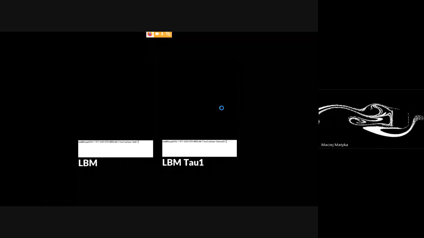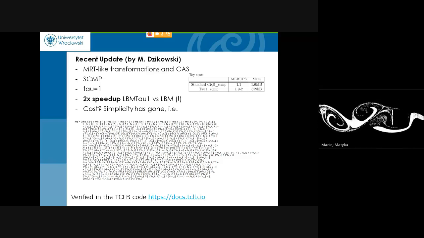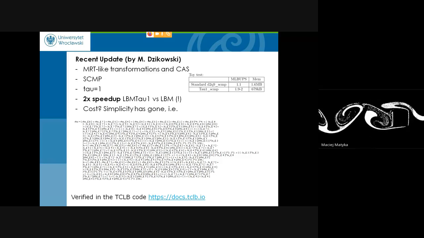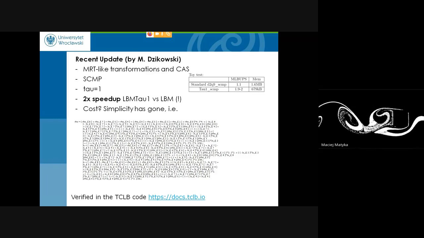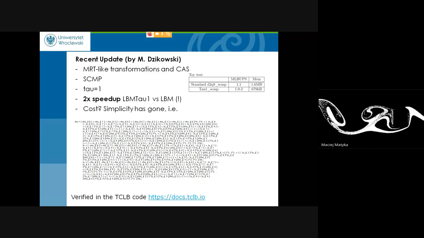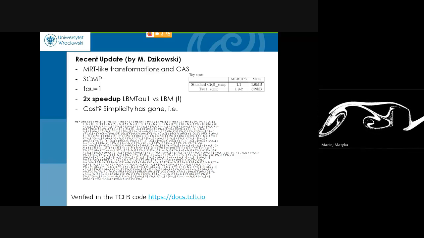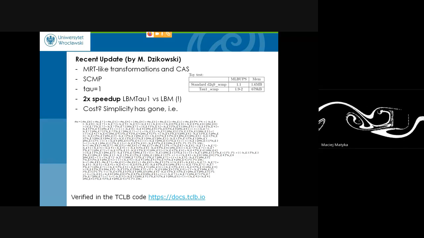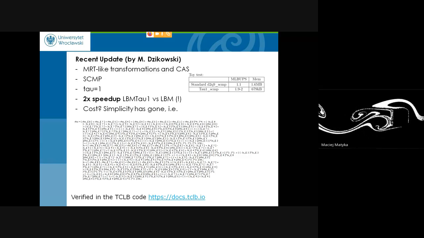And then Michał Dzikowski came in after I showed this talk at a local meeting in Wrocław, at CFD Wrocław. He told me he had an idea to transform the MRT implementation of LBM with the same tau equal to 1 assumption, and then use a computer algebra system to expand all this into something simple.